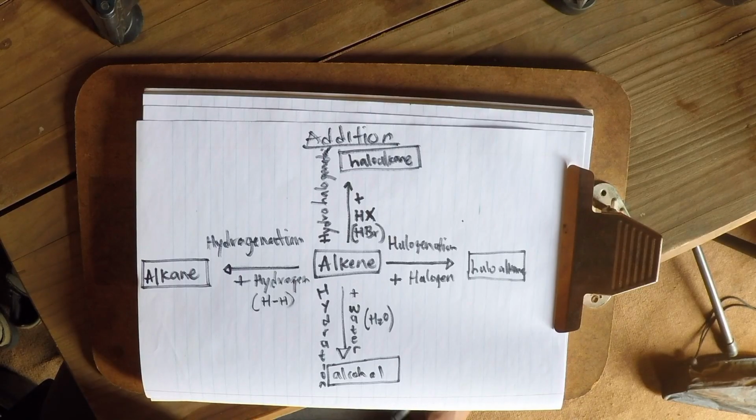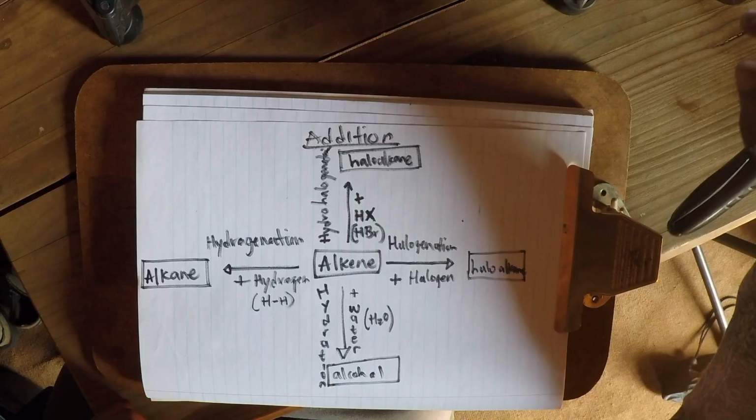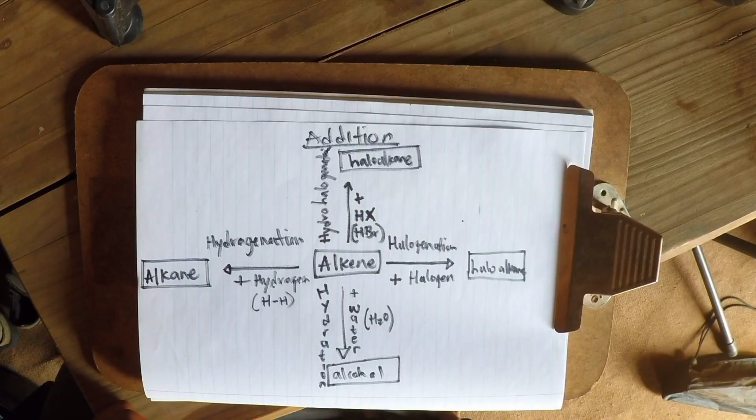addition. When you see an alkene, just know that whatever you can do to an alkene is addition. Now, all of this, if you reverse it, it's elimination.